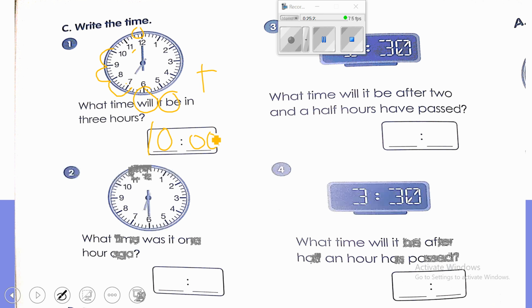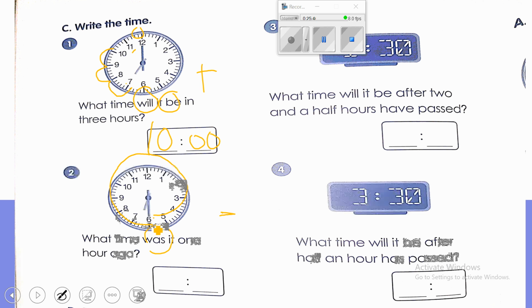Here is what the time was. Was means before, so I'm going back. An hour ago. So here is 6 and 30 minutes. What's the hour before? So I have to move back the hour, and the minute hand an hour, so a full round.